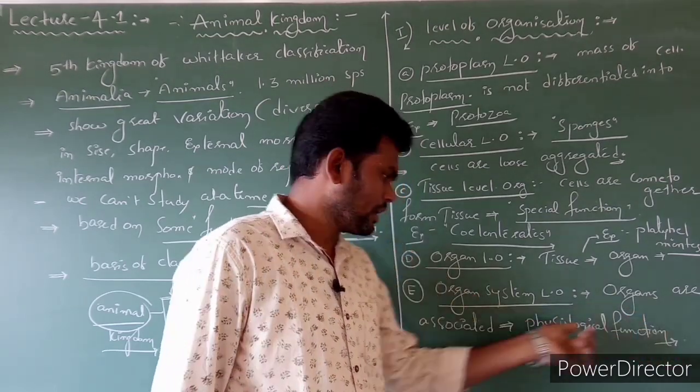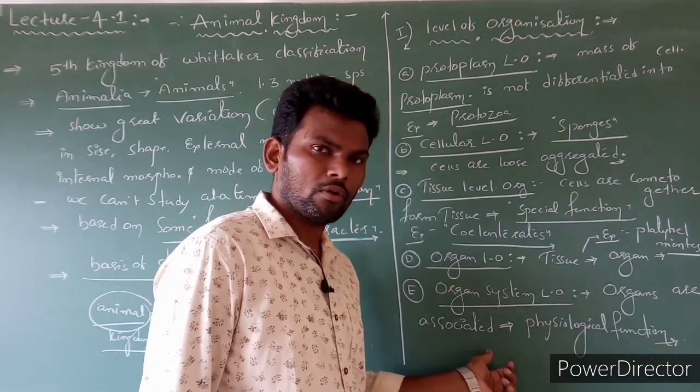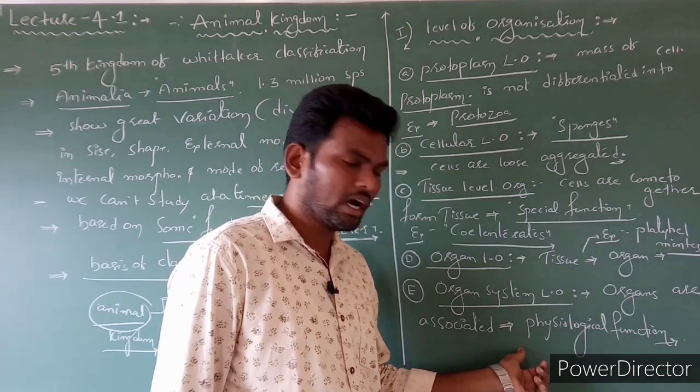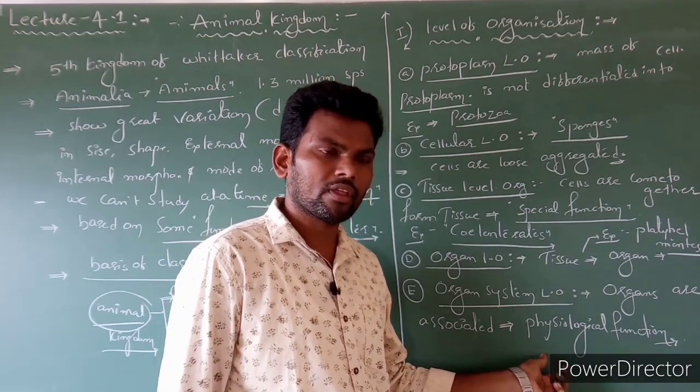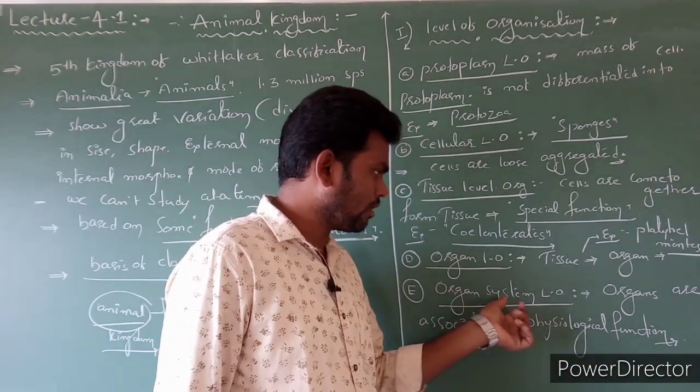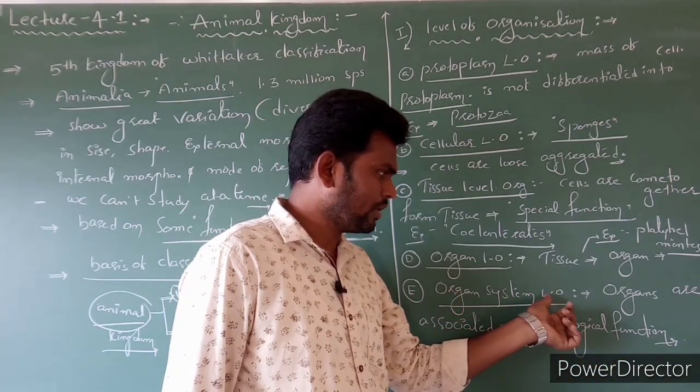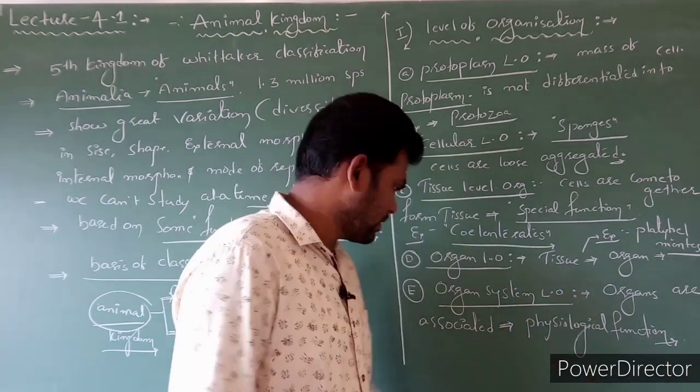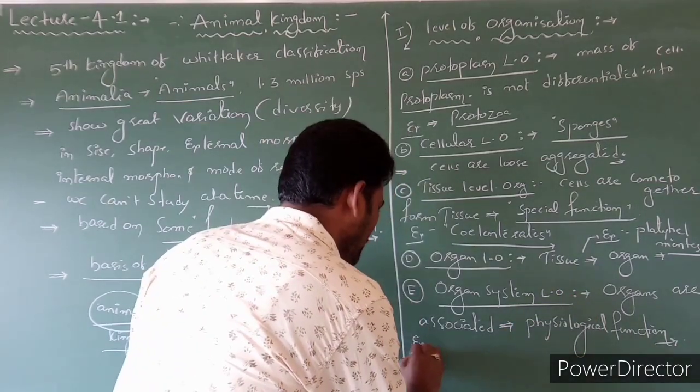Chordates we can write. Like chordates, mollusca, annelida, arthropoda, echinodermata. So these all we can write regarding organ system level of organization. Just I am going to write it here.